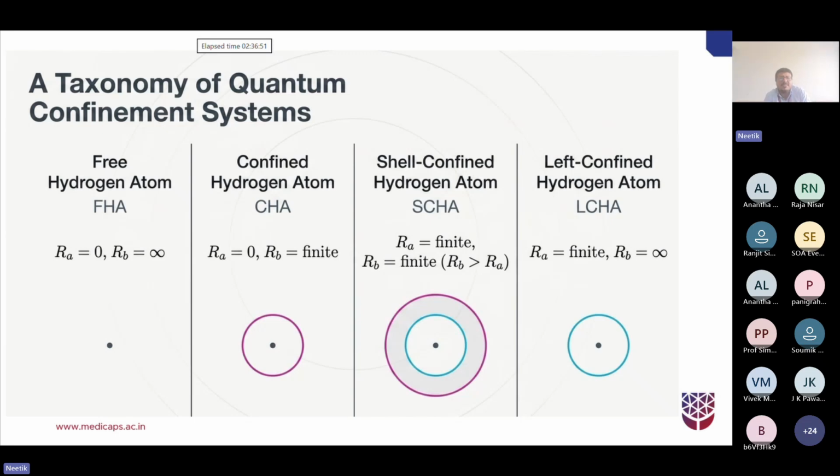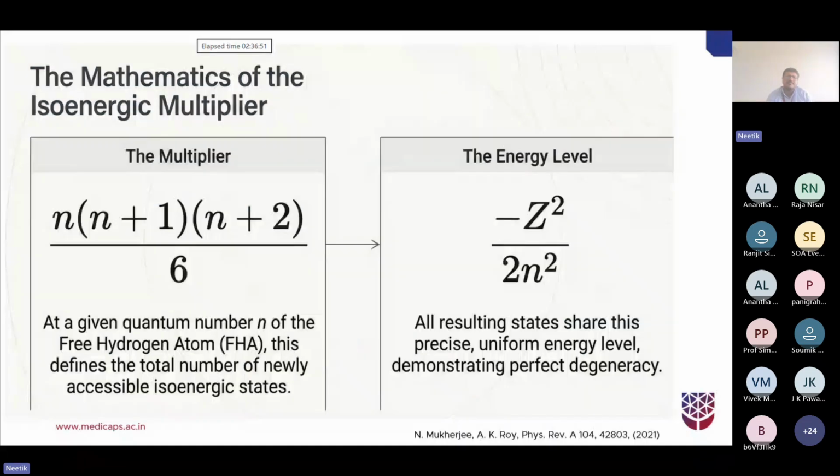And the last option is that RA is finite and RB is infinite. In this case, instead of assuming the point charge model of the nucleus, we assume that the nucleus has a finite size, with a finite inner radius, and that's why we get a left-confined hydrogen-like system.